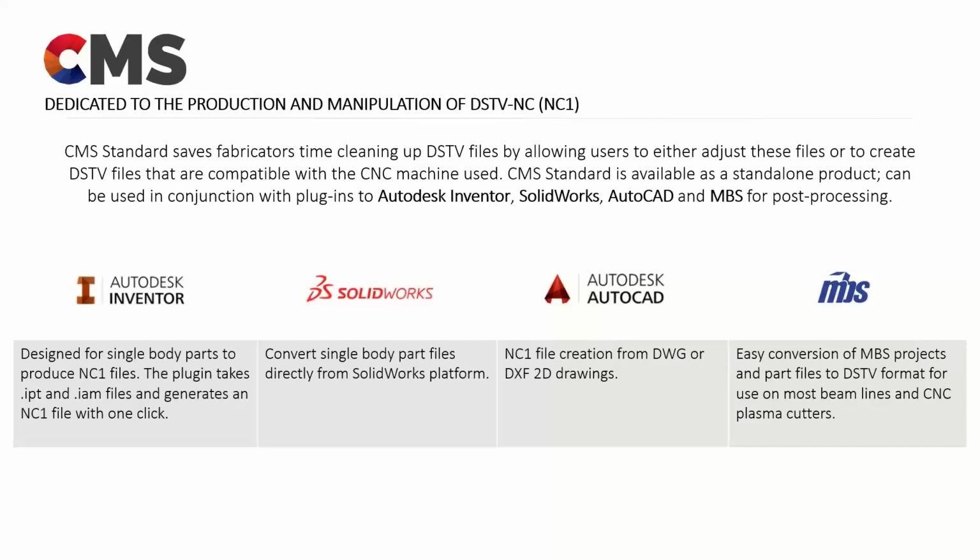And after that, if you want to do some additional manipulation, you can always go back to our CMS standard. So today we'll be focusing totally on CMS standard, which is designed to convert your single body parts to NC1. And as you see on the screen there, it can take both your part files and your assembly files and then generate DSTV files with one single click.